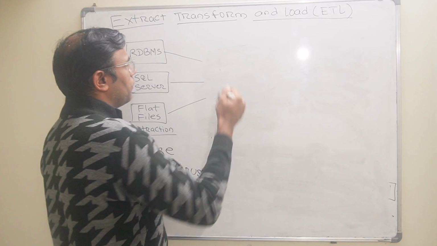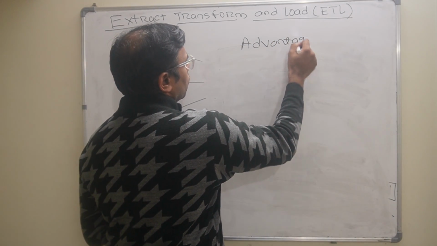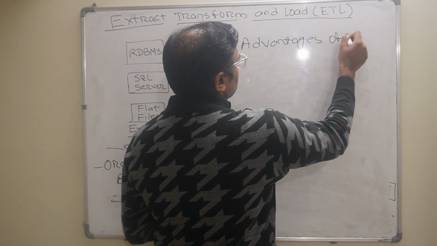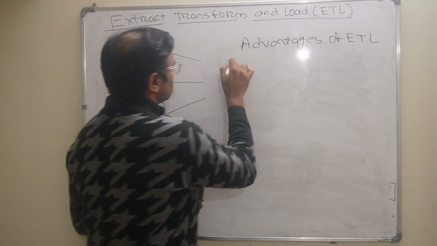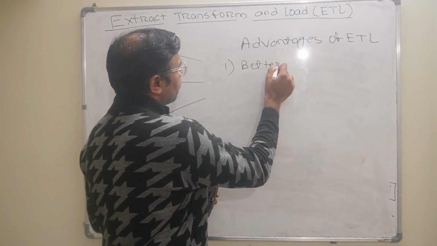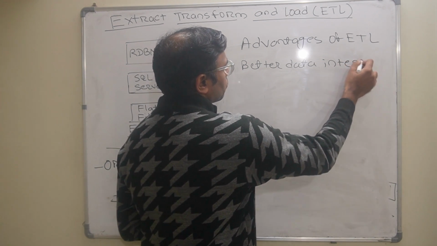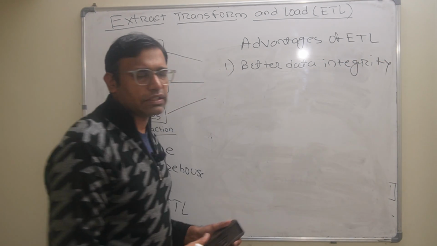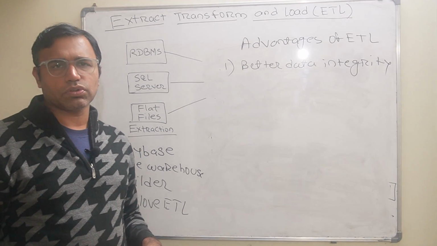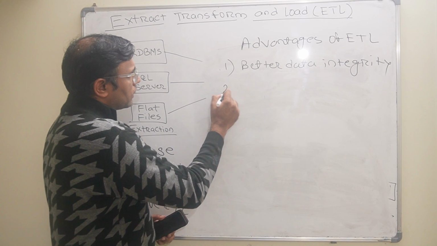First of all, I will discuss the advantages of ETL. The first advantage is better data integrity. Since the data is coming from various sources and then converted into one unique format, that facilitates better data integrity.